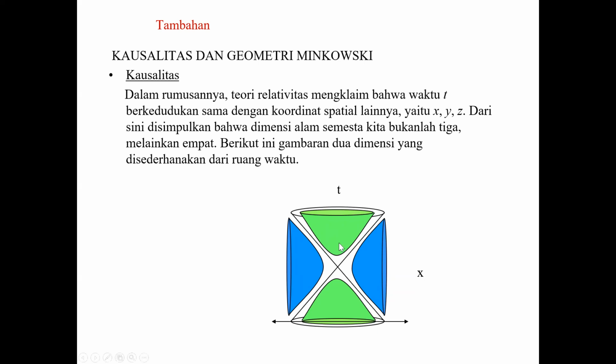The green region, we call it time-like, and it also satisfies the causality condition. Somehow we have this causality condition, because we can distinguish between the past here and the future.